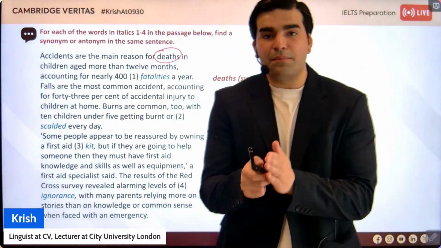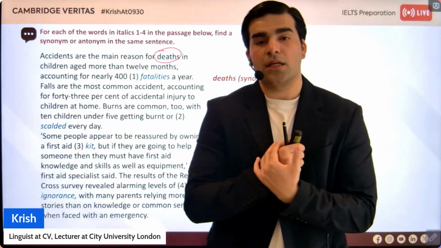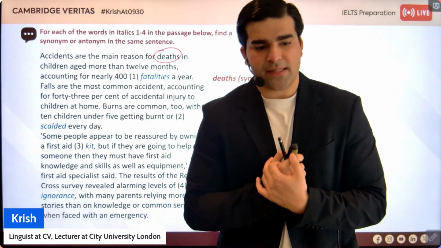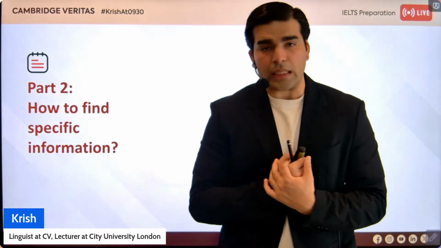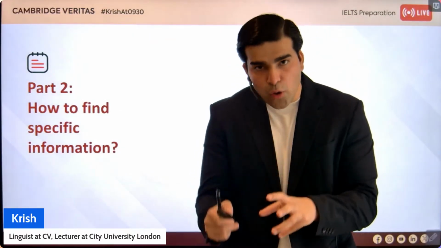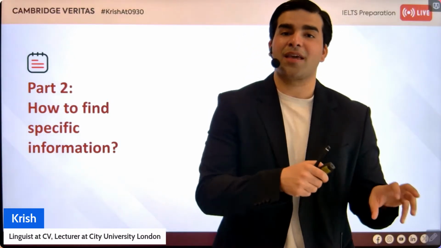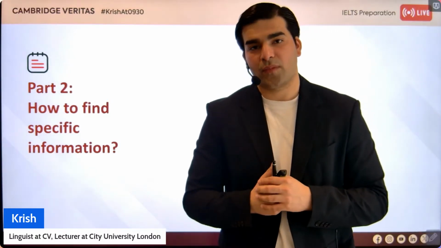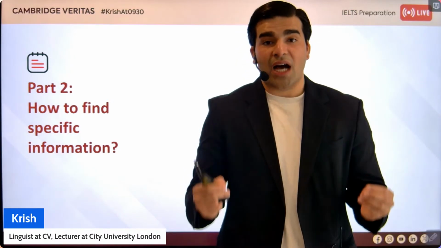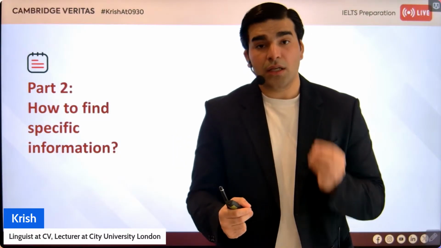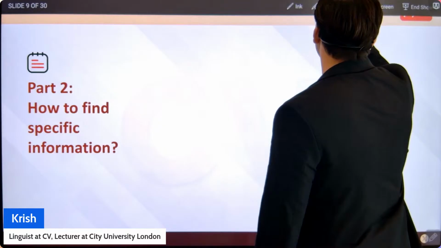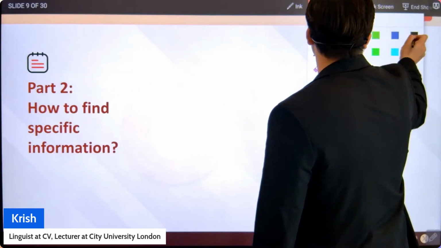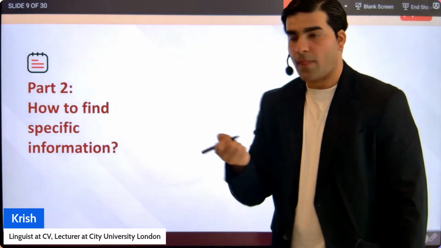Let's move to the second part of the lesson today. This is part 2. And it is how to find specific information. On the IELTS reading test, you find 2 types of information.